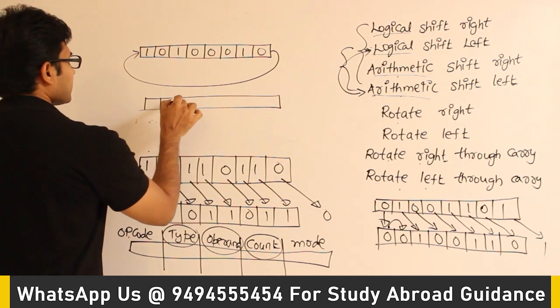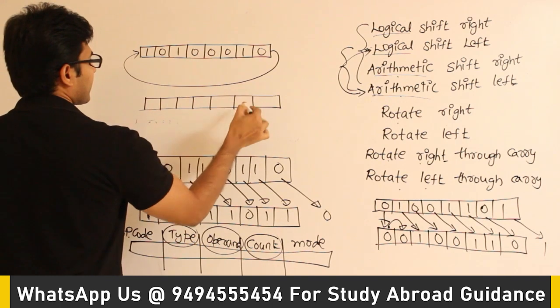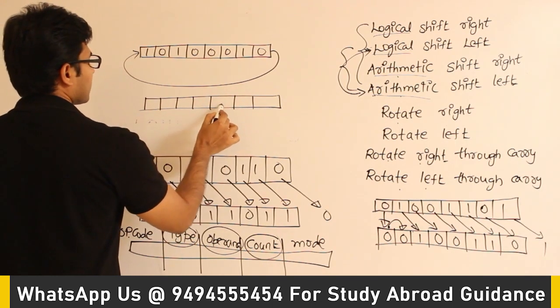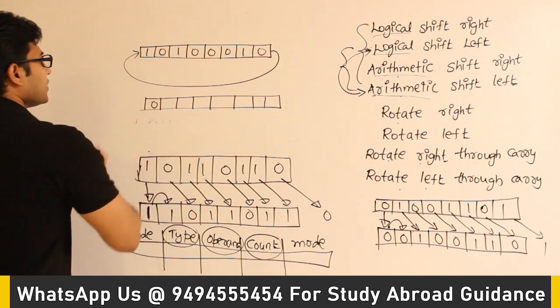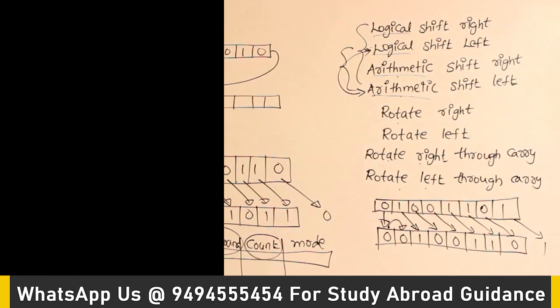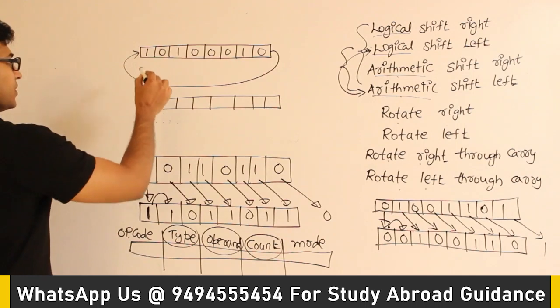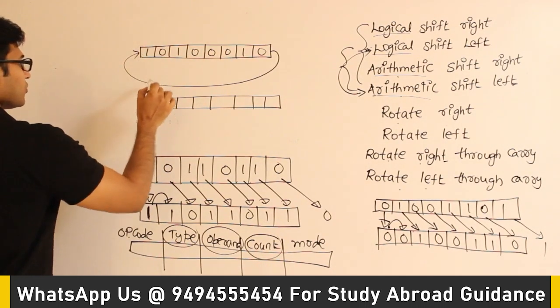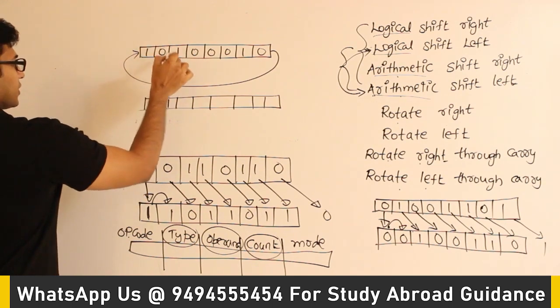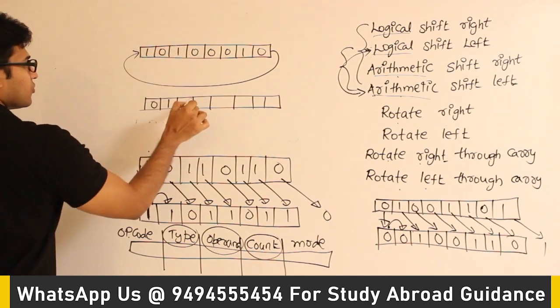Therefore what happens here, this bit is going to come here and all the other bits are going to move one towards the right. So this one is going to move right. Got it? And this one is going to move right.